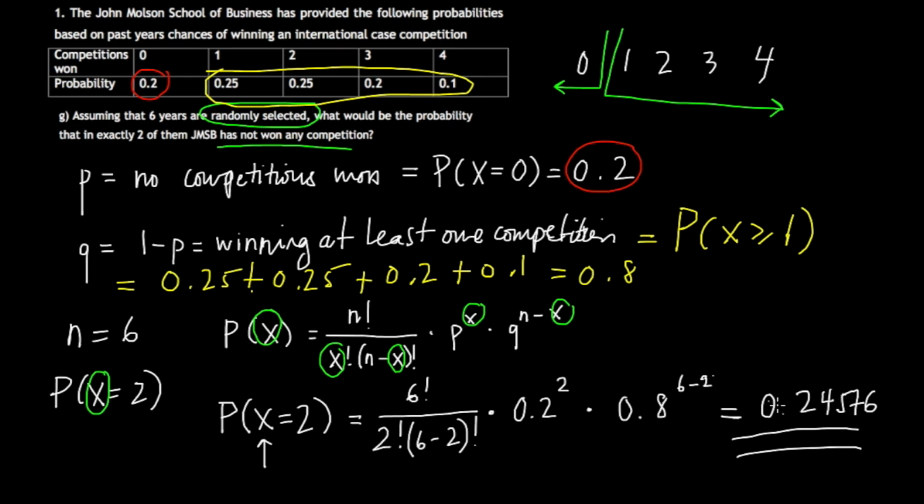And then we simply plug everything in, which is why it's very important to identify the Q and the P properly. Remember, the P is associated to what you're looking for in the question. And then we simply solve, plug in, be careful with the factorial in the calculator, and we obtain exactly 0.24576. Wonderful.